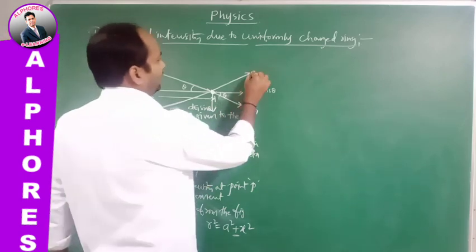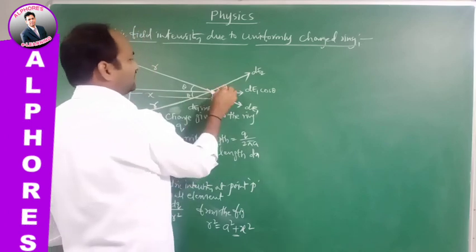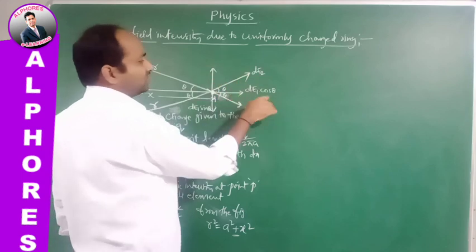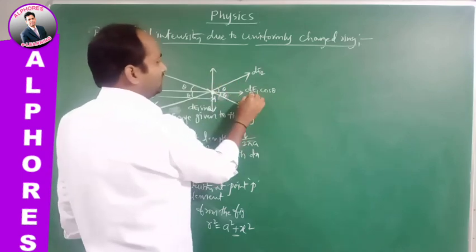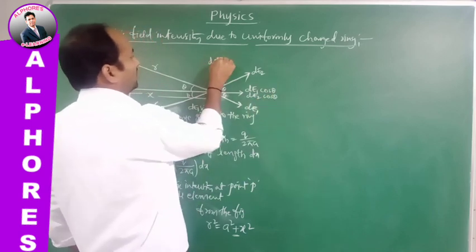Let it be dE2, which also makes an angle theta. The horizontal component of dE2 is in the direction of dE1, so this is dE2 cos theta, and the vertical component is dE2 sin theta.